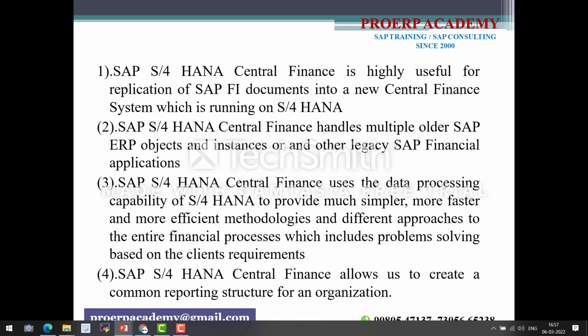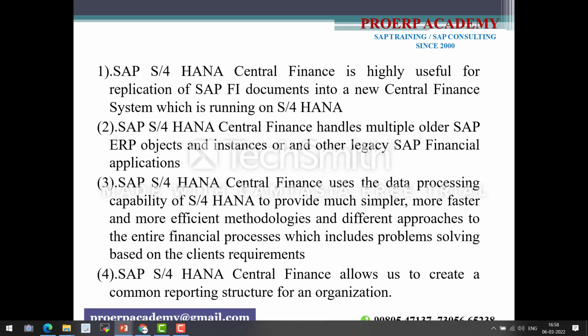Once again, what is the meaning of the first point? Replication of SAP FI documents. That means all the important configuration from our traditional FI system, starting from the entire organizational structure, that is the enterprise structure of SAP FI, followed by different types of master records in SAP FI, followed by general ledger accounting configuration, followed by accounts receivables and accounts payables configurations.